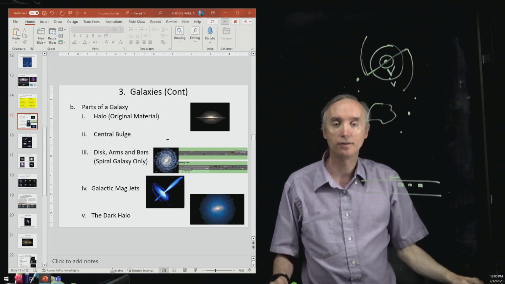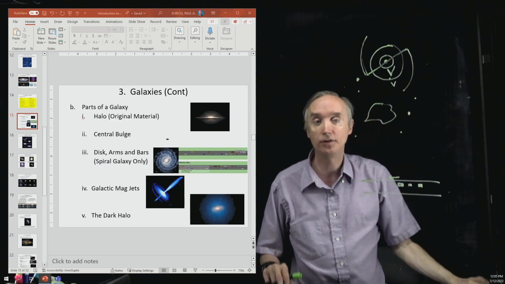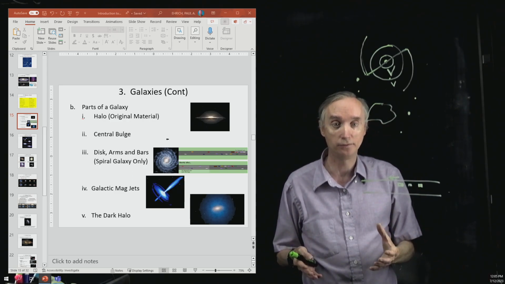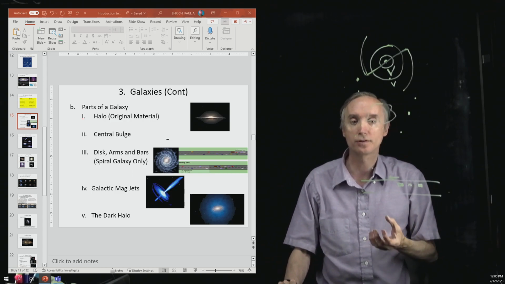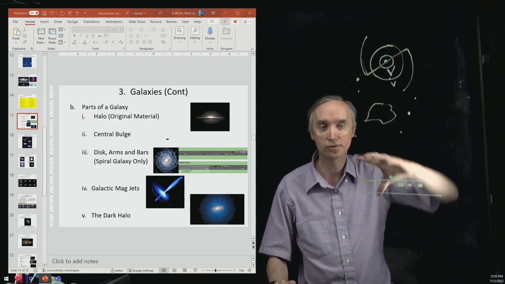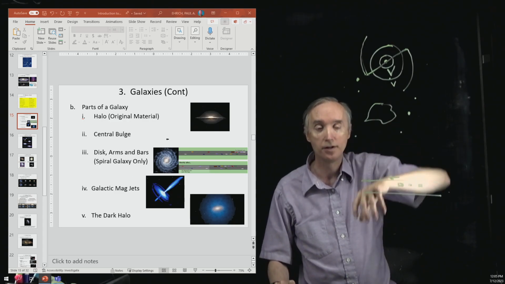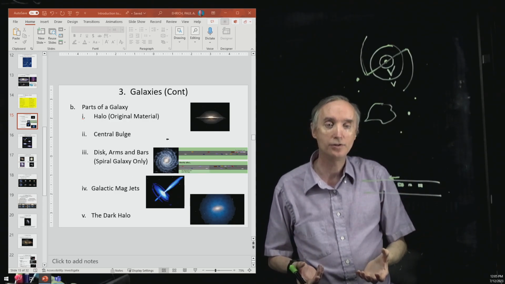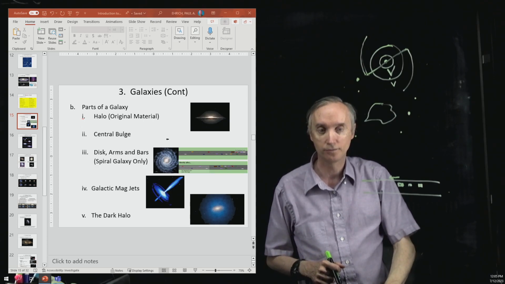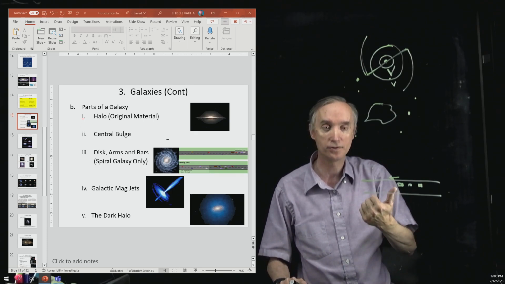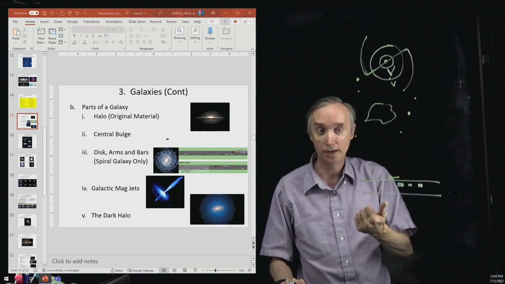Okay, another thing that a galaxy is going to have, if it is rotating, is a magnetic field. So most objects in our universe are rotating. Depending on the speed of the rotation, that's going to determine the strength of the magnetic field. So our Earth is rotating, it has a magnetic field.